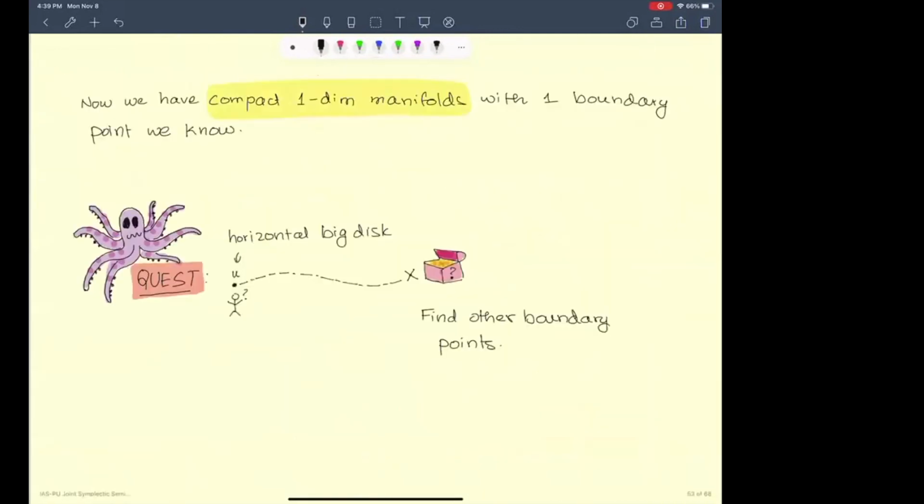I have a compact one-dimensional manifold with a horizontal disk giving me a boundary point. So there has to be other boundary points, and finding these should tell me something. So this is the quest.